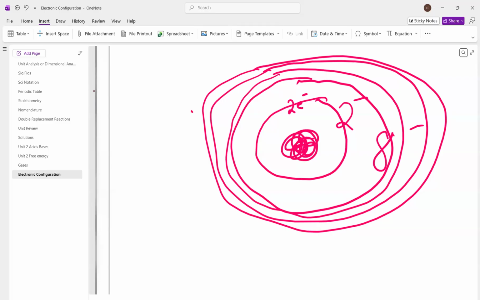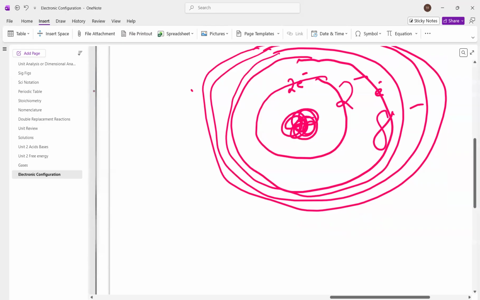So it's going to go over here. Now, of those 4 suborbitals, not all are equal. The first one is more stable than the other 3, so it will fill first. That's what the electronic configuration for lithium is.